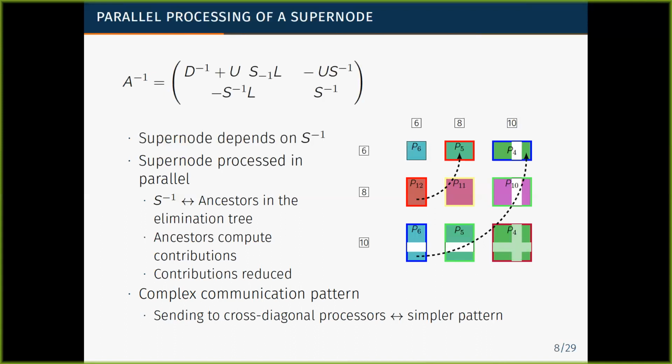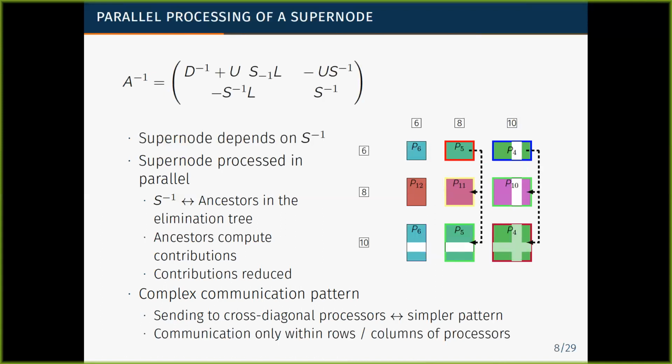As a result, that allowed us to do communication only within rows and columns of processors. In this example, we were broadcasting blocks from supernode 6, in each column 8 and 10, like this. And then the reductions were done along the rows of processors.